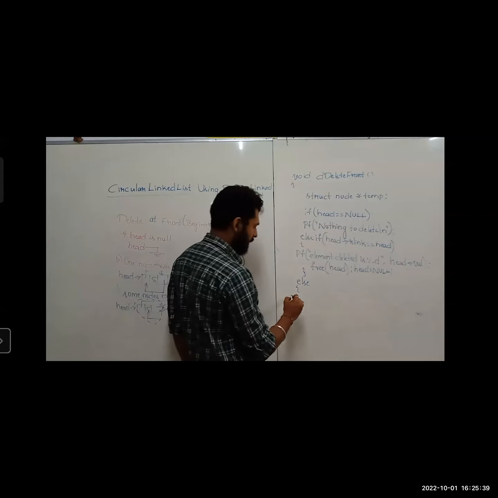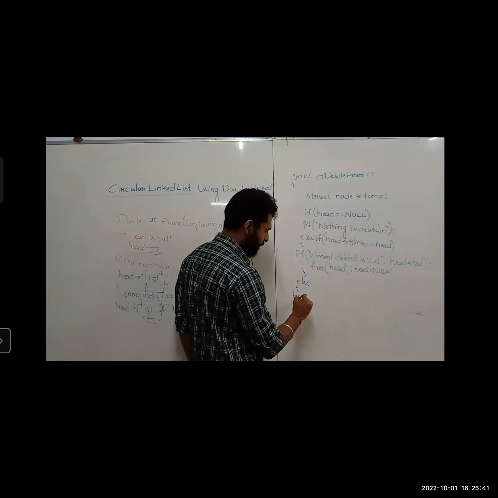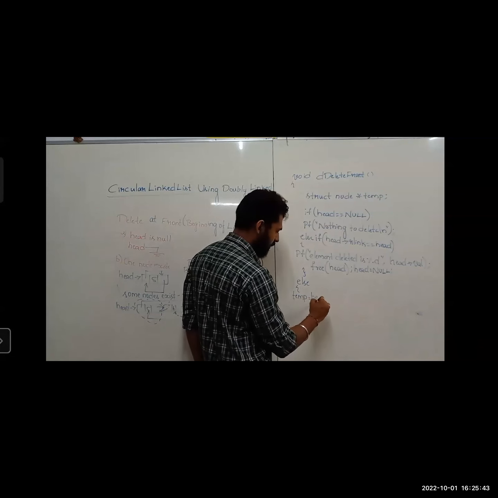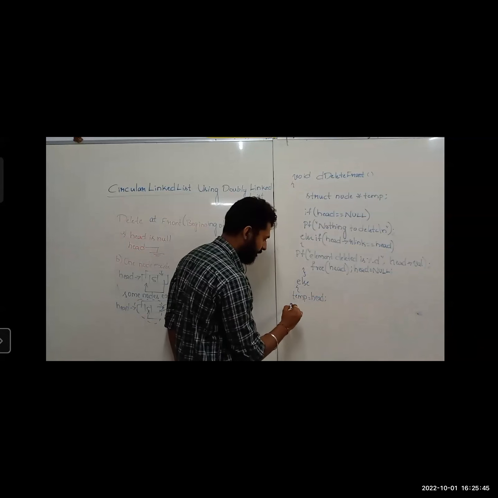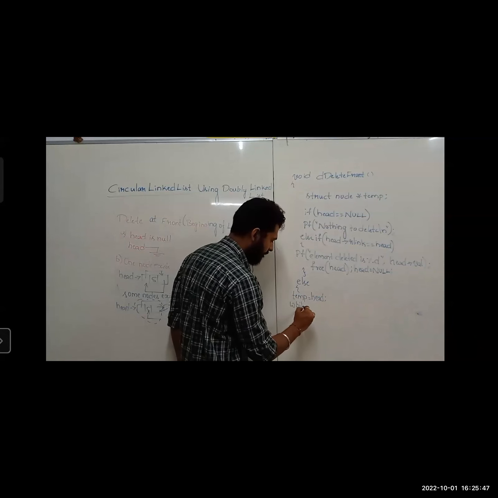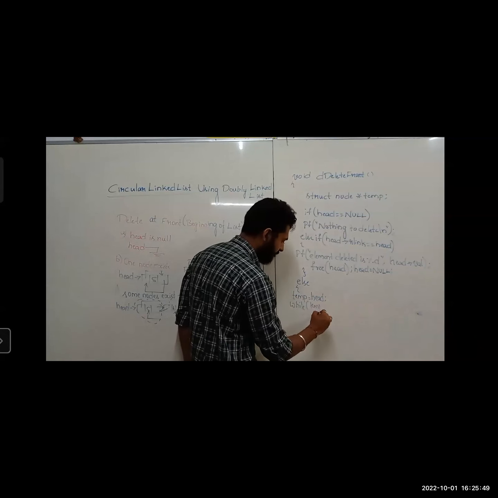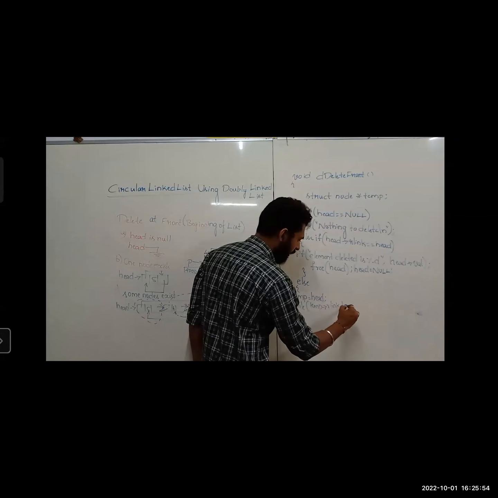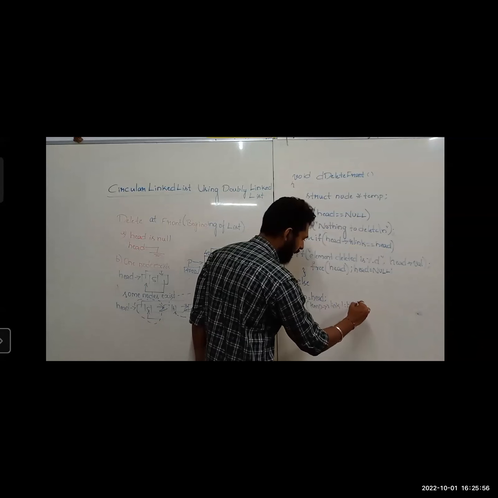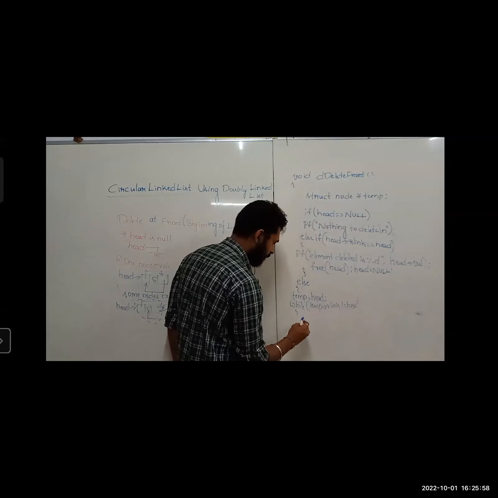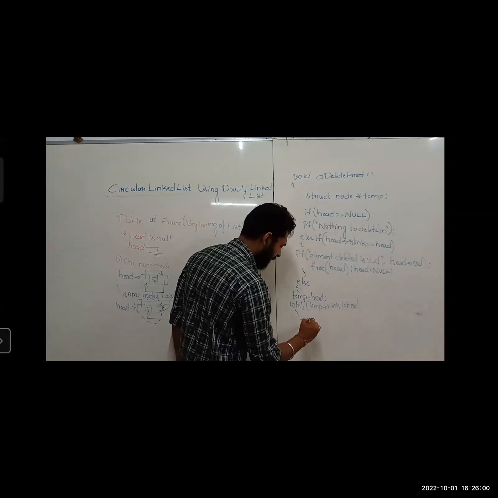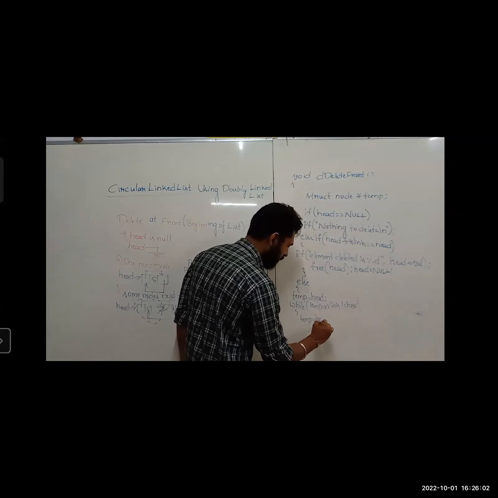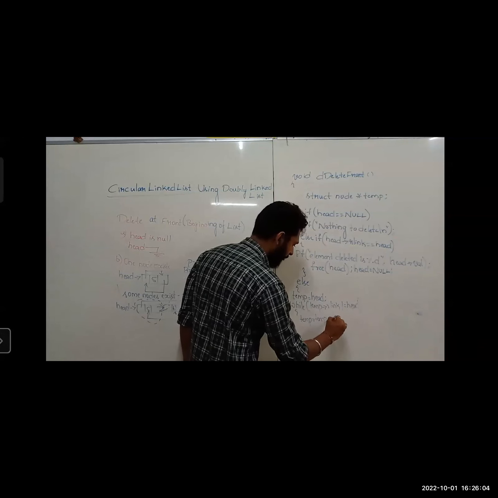Okay. First, what should I do? I'll point my temp to the same place where head is pointing, and then while temp's R link not equal to head, till then temp equals temp's R link.